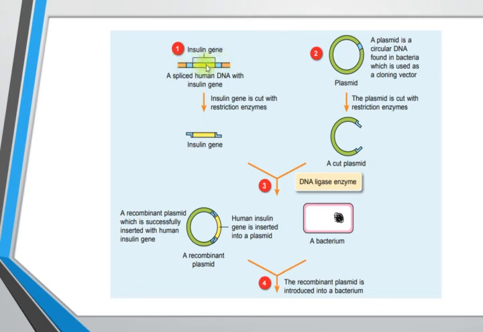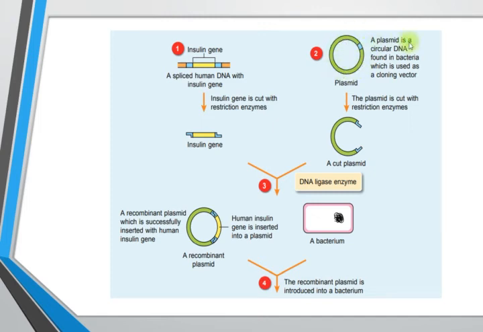The insulin gene is here in the yellow color. The insulin gene is cut with restriction enzymes. And then here, this is referred to as the plasmid.